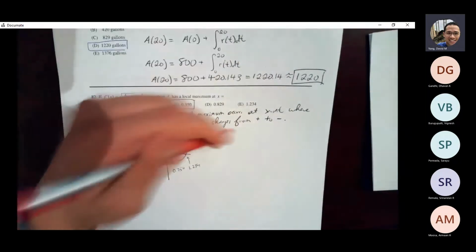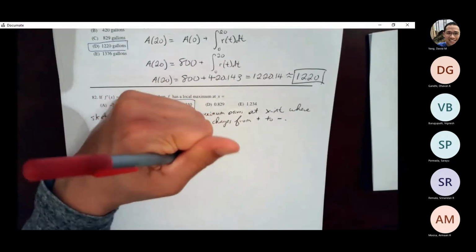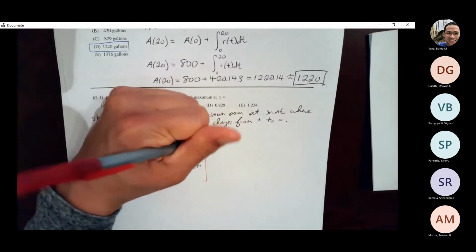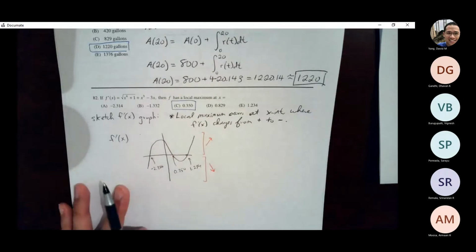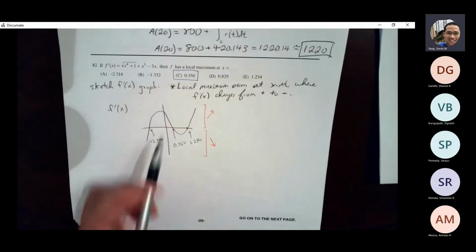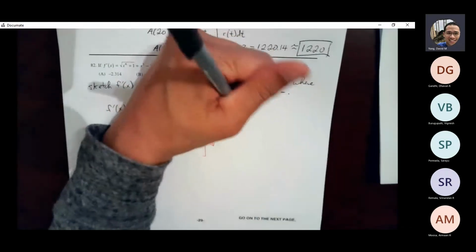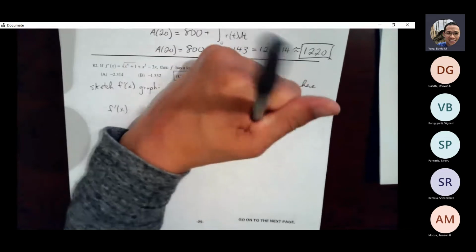We can look to see where it goes from positive to negative or from negative to positive. So let me label this here.